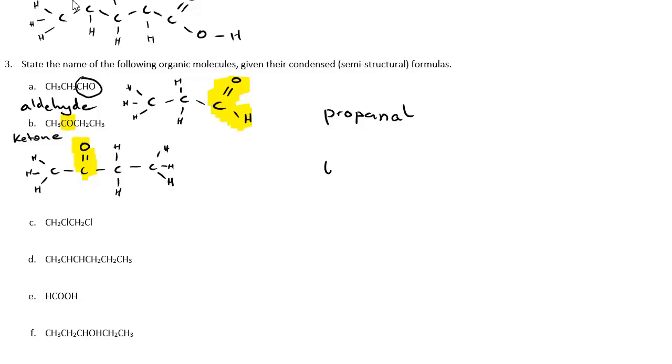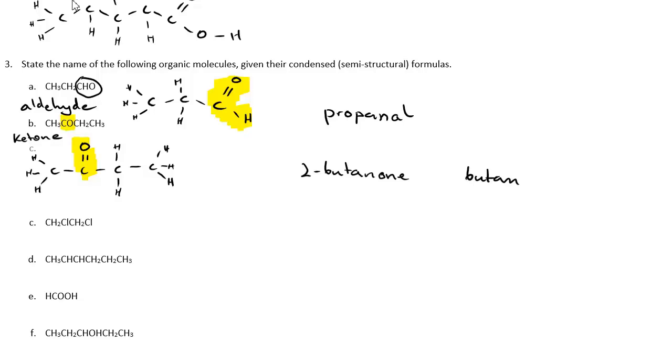So we know 4 is butane. Ketones usually replace the E with O-N-E. So butanone. And because this ketone is on the second carbon, you can call it 2-butanone.